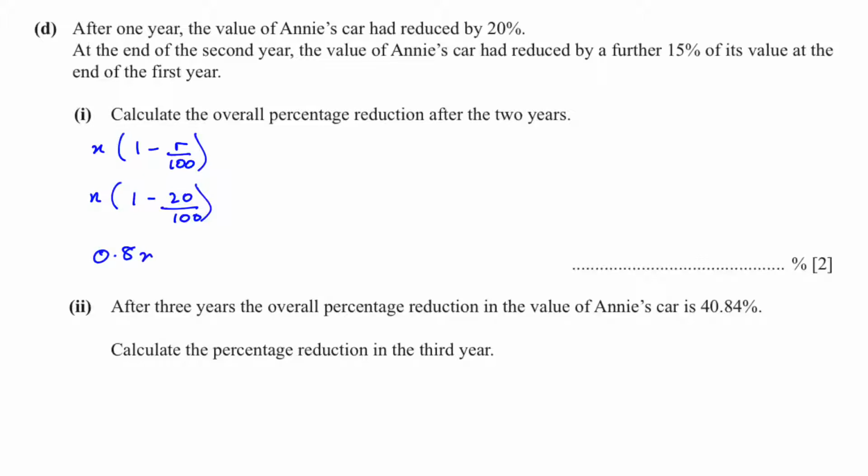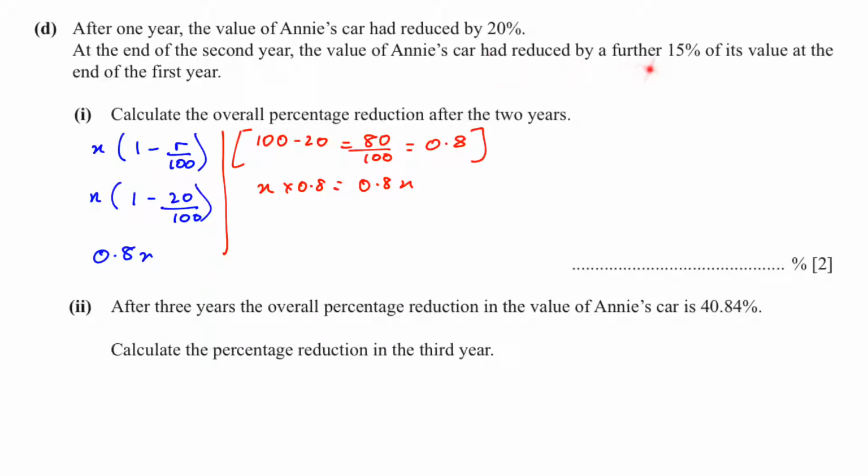0.8x. The other way to do this reduction would have been 100 minus 20, which is 80, divided by 100, will give you 0.8. So x multiplied by 0.8 will give us 0.8x. So whichever way you understand, you're free to use it. Then it has been reduced by a further 15%.